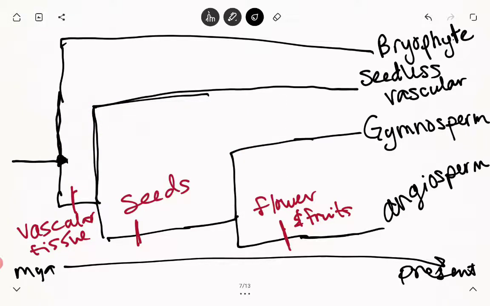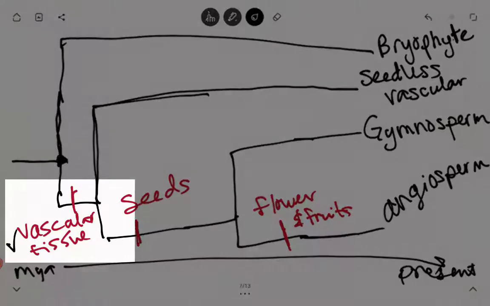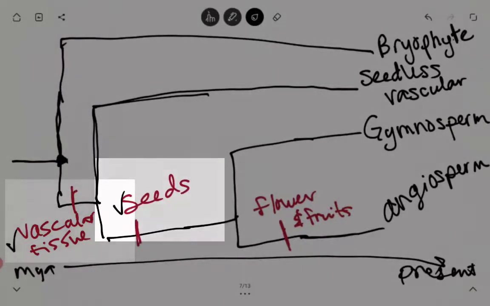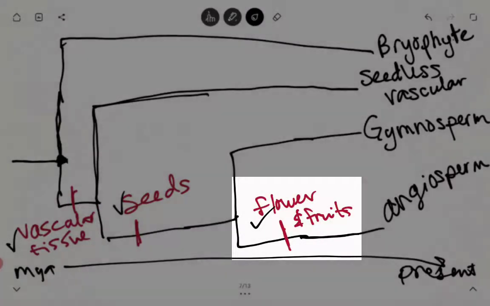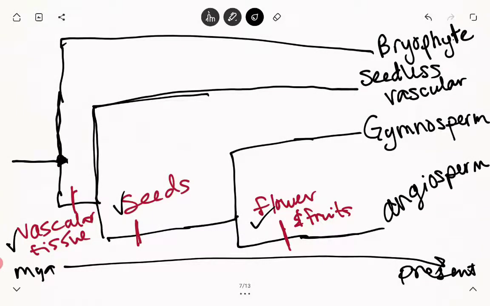So we ask these three questions. Does it have vascular tissue? Does it produce seeds? And does it produce flowers and fruits? To break our plants up into these four categories. So the first is our bryophytes, our mosses, which do not have vascular tissue. They also do not have seeds or flowers and fruits. The next group are our seedless vascular.